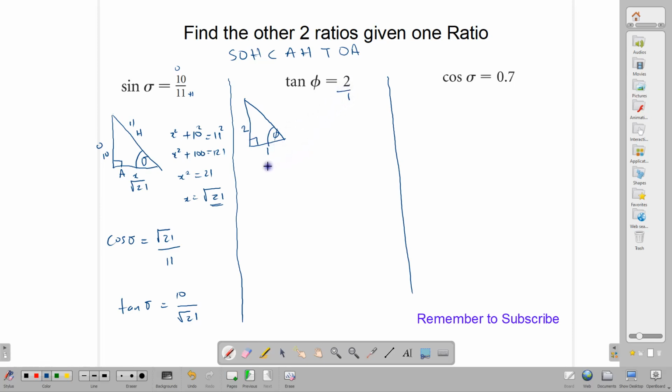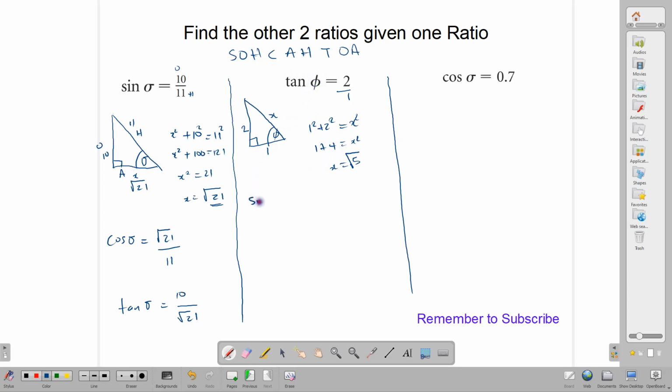Now, we can use Pythagoras to find this side. By Pythagoras' theorem, this is the hypotenuse. 1 squared plus 2 squared would give us x squared. So we have 1 plus 4 gives us x squared, which means that x is the square root of 5. Beg your pardon. So having found that, we can then write down the sine and the cosine.